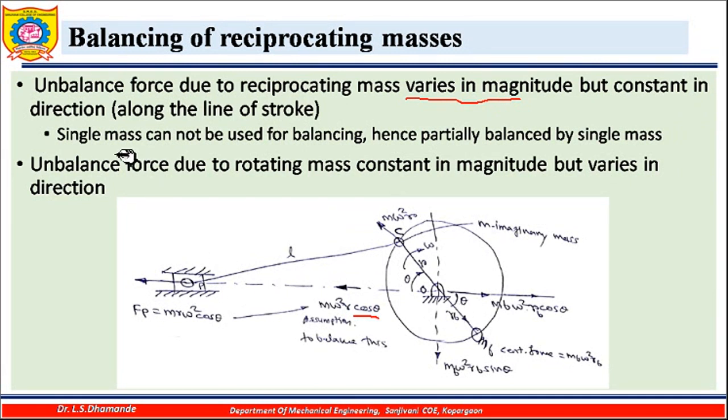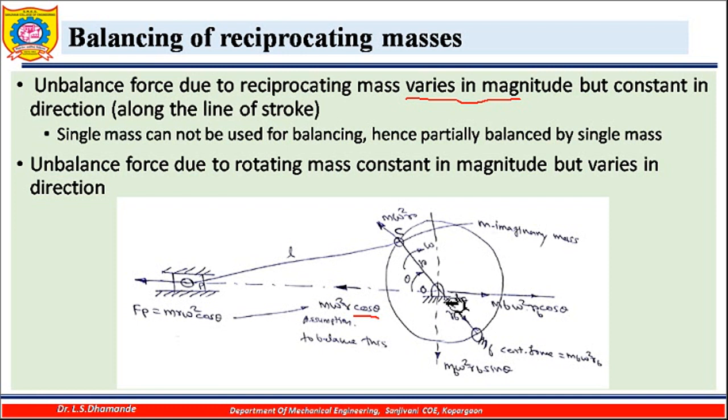So definitely a single mass cannot be used for balancing it, and hence partial balancing is done by using a single mass. Suppose we assume that this particular mass acts at this particular radius.